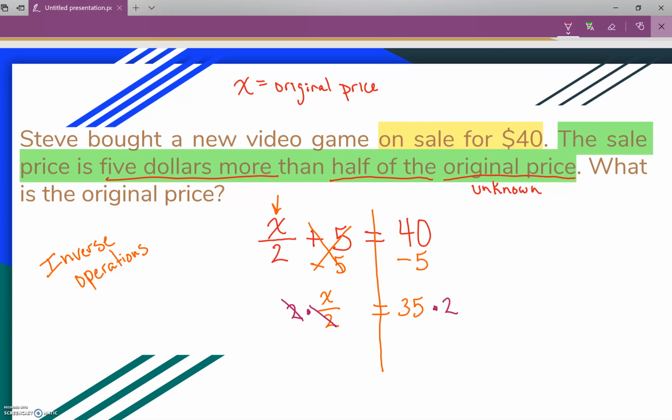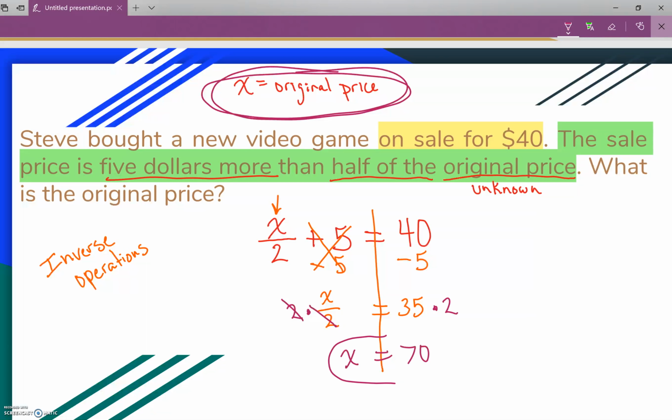These 2's will cancel and leave you with x. 35 times 2 is 70. So our original price, which is represented by x, we have proved down here is 70. So the original price of the video game was $70.